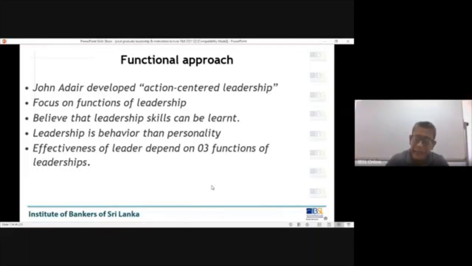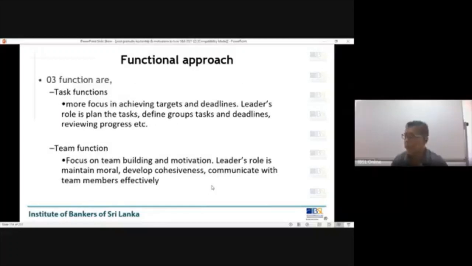And here he has identified, instead of two, three functions. So sometimes we call them three types of needs. Those three functions or three needs, we usually call them situational factors.